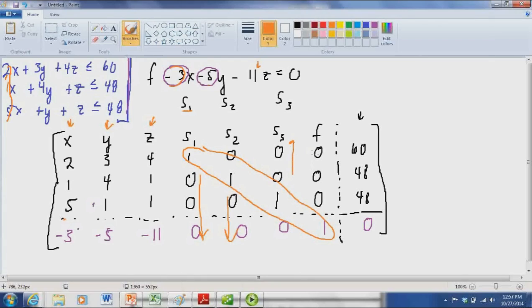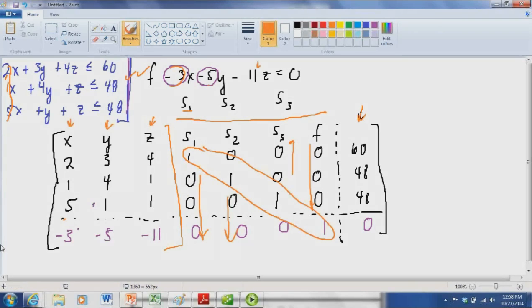So here are your coefficients that we read off from our given constraints and our function that we're supposed to maximize. With regards to our slack variable and our function, we wrote 1's going diagonal, zeros everywhere else. And of course, don't forget your last column right there.